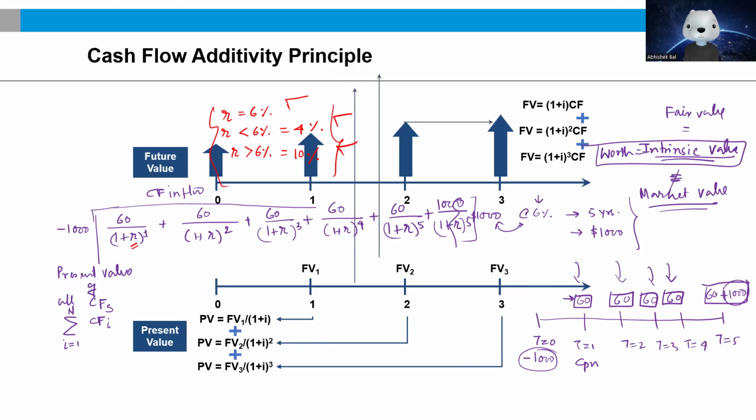Well, if we do this, then only we can compare the initial $1,000 that we have actually paid for this investment and what it is going to yield in a present value manner. Then only we can compare, because as we have stated before, the time value of money is important out here. We cannot compare $1,000 being paid today with the yield that I'm getting 3 years down the line, 2 years down the line, or even a year down the line. We need to suitably discount those future cash flows into present value format before comparing.